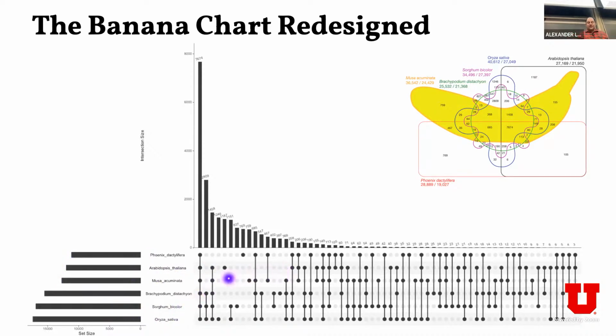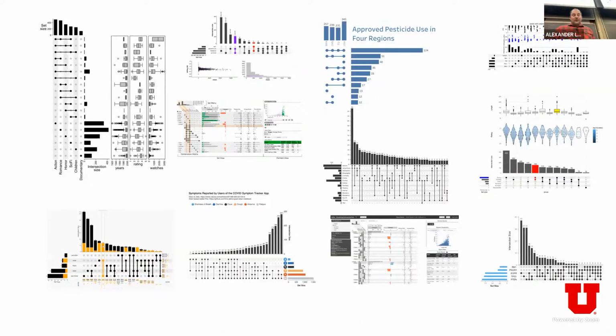There's a cluster of these 3 plants down here that have the biggest, the second biggest, and the third biggest intersection. So it looks like these 3 plants are more related to each other than, for example, to the date. The date seems to be evolutionarily fairly distant, right? Except for the first one, it really only intersects with the others down here. This is not a super easy chart to read, but you can actually read something meaningful from it, and you can do some data analysis with it.